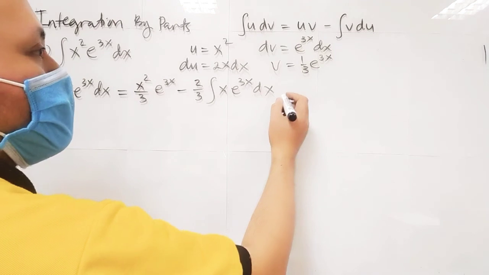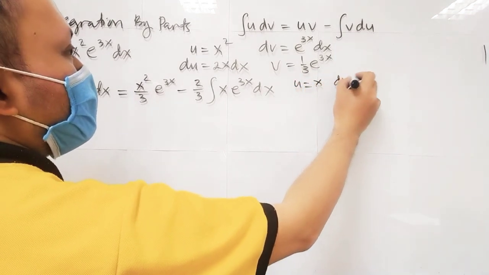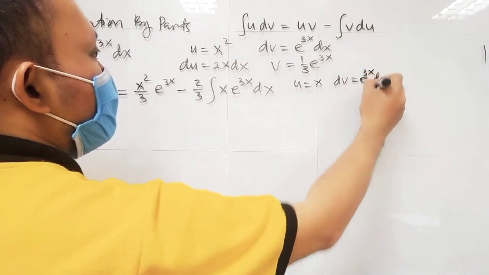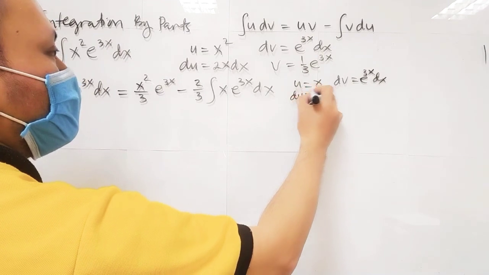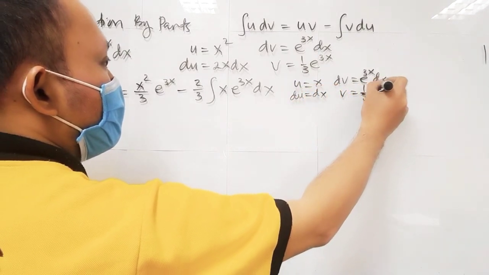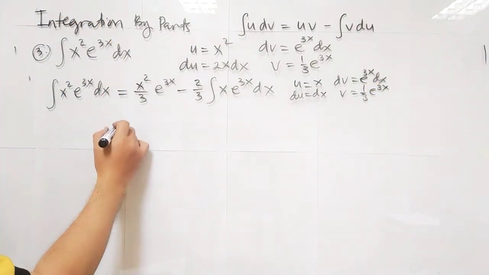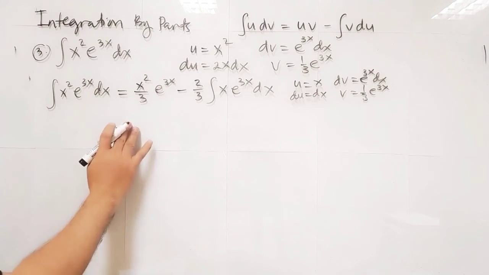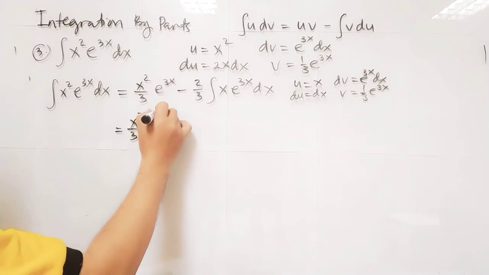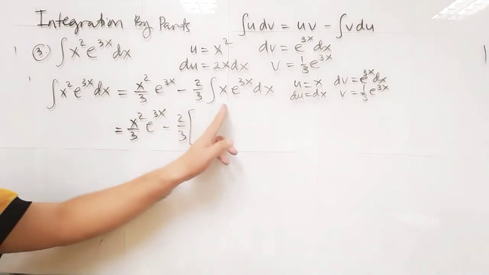So again, we will apply integration by parts for this part. Our u equals x, our dv is equivalent to e to the 3x dx, so that our du equals dx, and then our v equals 1/3 e to the 3x. So we have x squared over 3 e to the 3x minus 2/3 times the integral of this one.